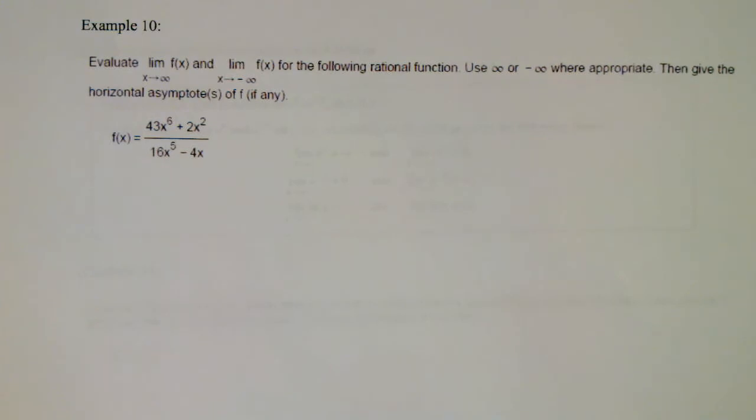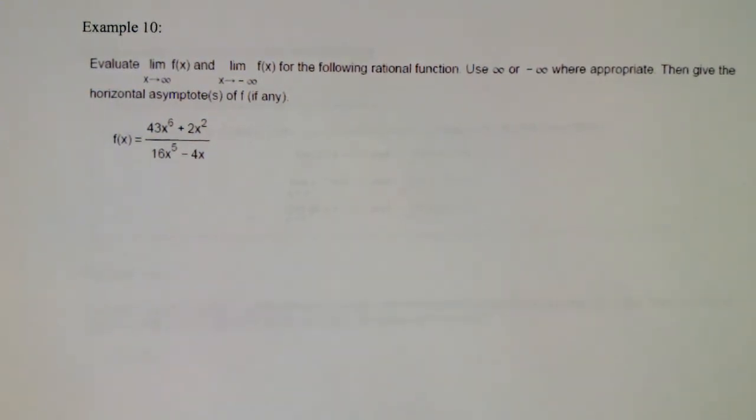Use infinity or negative infinity where appropriate, and then give the horizontal asymptote of f if there is one. Okay, so in this case we've got f of x is equal to 43x to the 6 plus 2x squared divided by 16x to the 5th minus 4x.